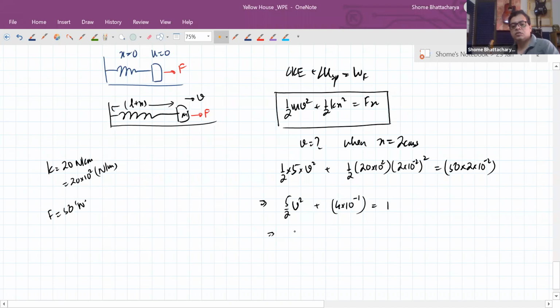So 5 by 2 v square is 1 minus 0.4, or 0.6. So v square is this much.